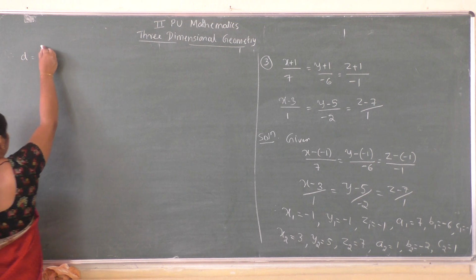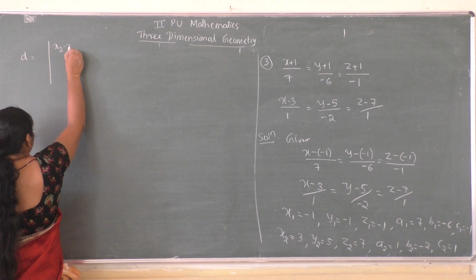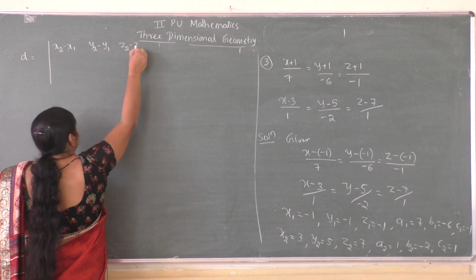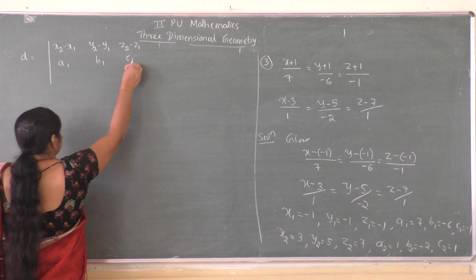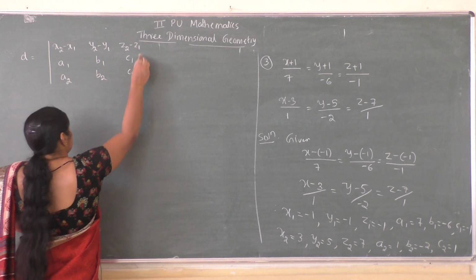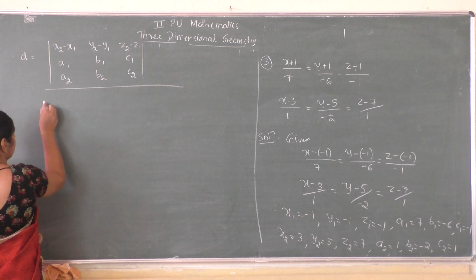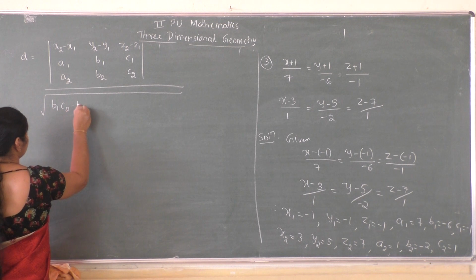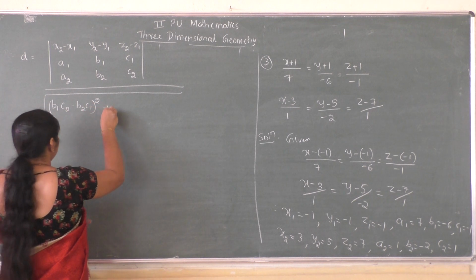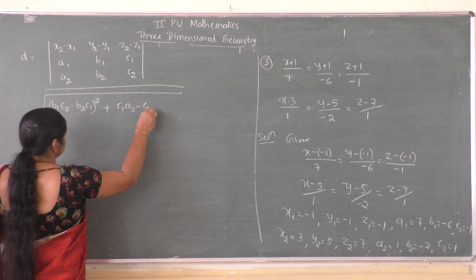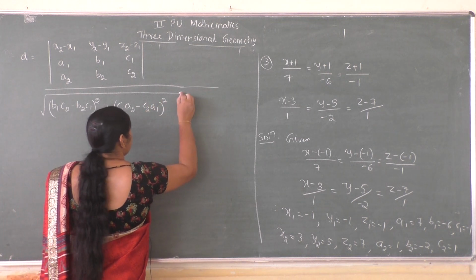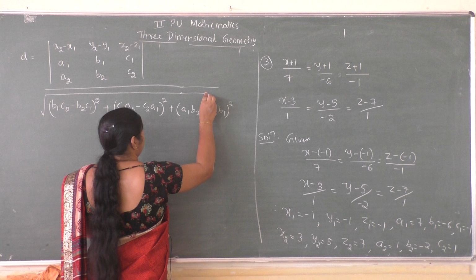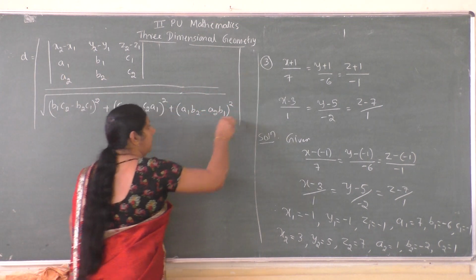Therefore, D equals the determinant of x2 minus x1, y2 minus y1, z2 minus z1, a1, b1, c1, a2, b2, c2, divided by the square root of (b1 c2 minus b2 c1) whole square plus (c1 a2 minus c2 a1) whole square plus (a1 b2 minus a2 b1) whole square, and magnitude of this.